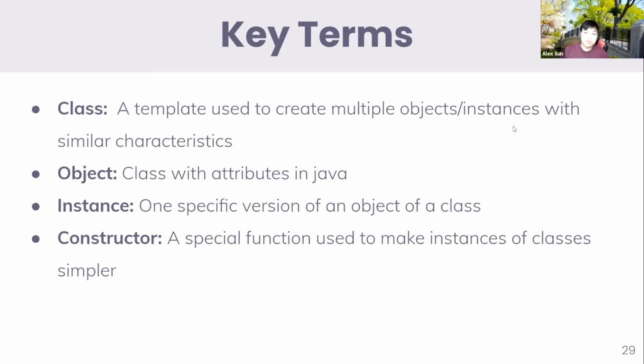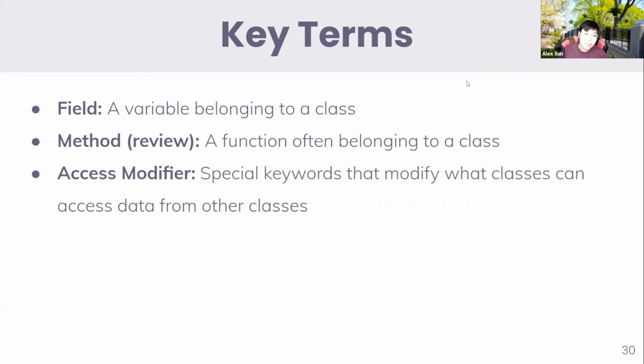Constructor, I just think of it as a special function. It's the thing that makes my life easier when I go to make a class. Field, that's just a variable belonging to a class. A method is just a function belonging to a class, or technically it's just a function, but in this context it would be a function belonging to a class.